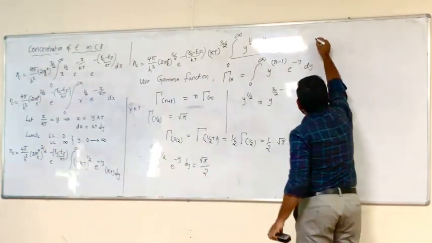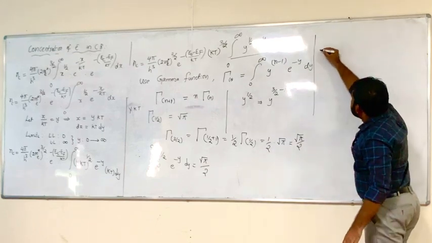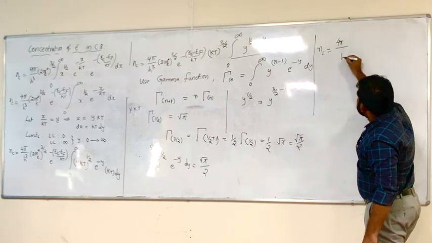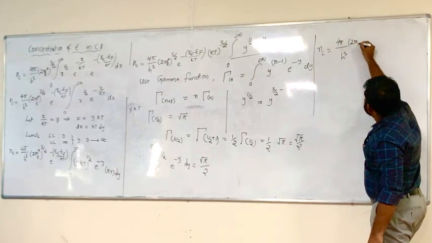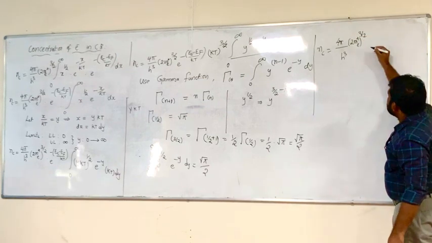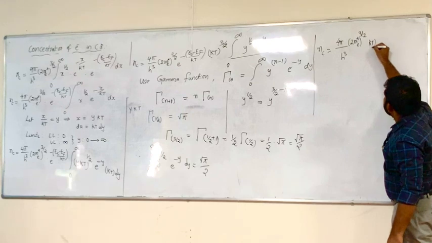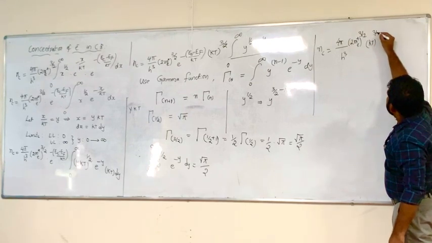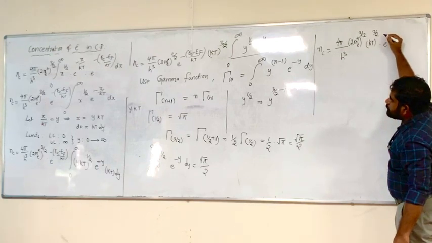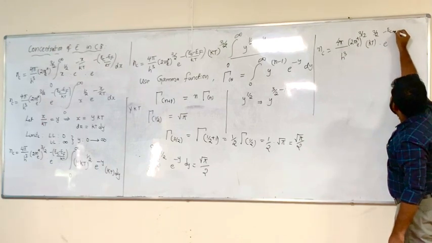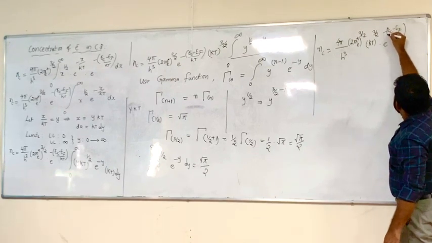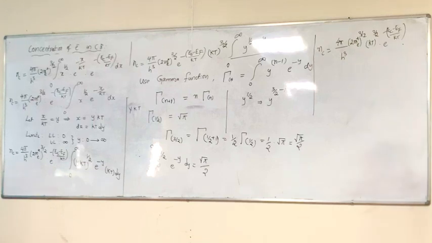If we substitute that, our NC is nothing but 4 pi by h cube times (2 m star kT) to the power 3 by 2, times e to the power minus (Ec minus Ef) by kT, into root pi by 2.